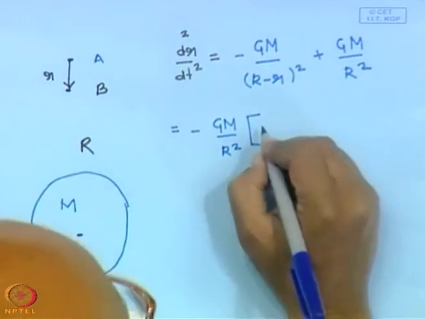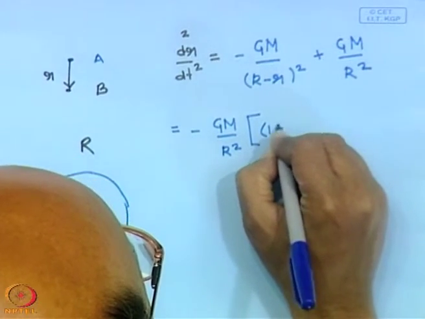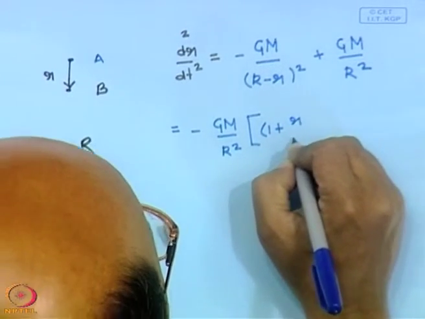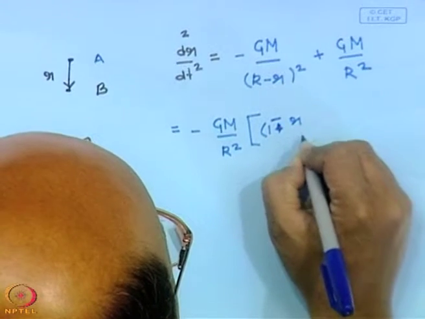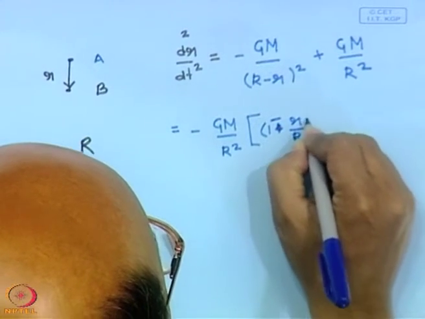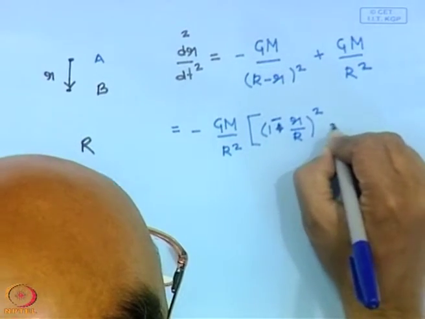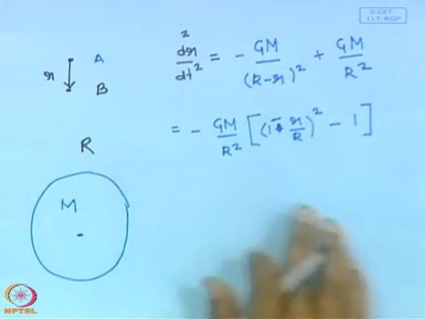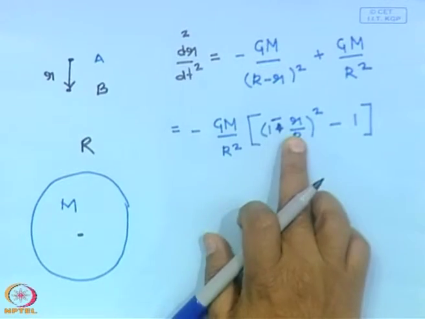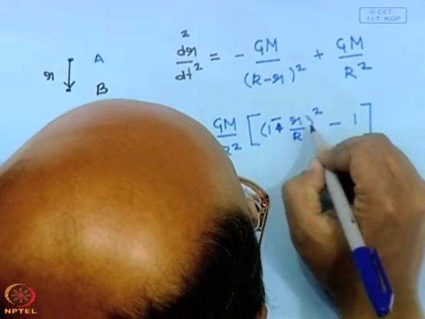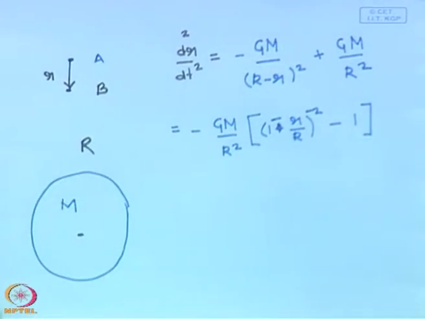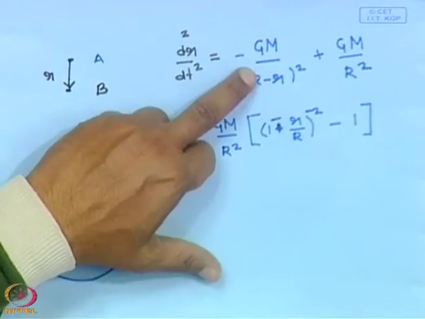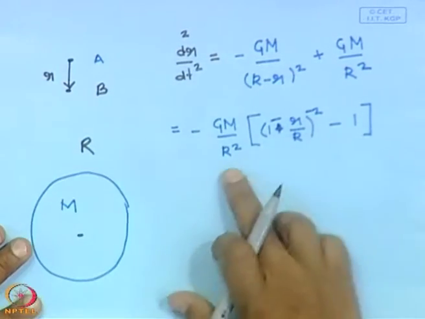Then I have 1 plus r, 1 minus r by R whole square minus 1, right. I can write it like this. The first term will be minus 2 here. The first term is nothing but this, the second term is this.